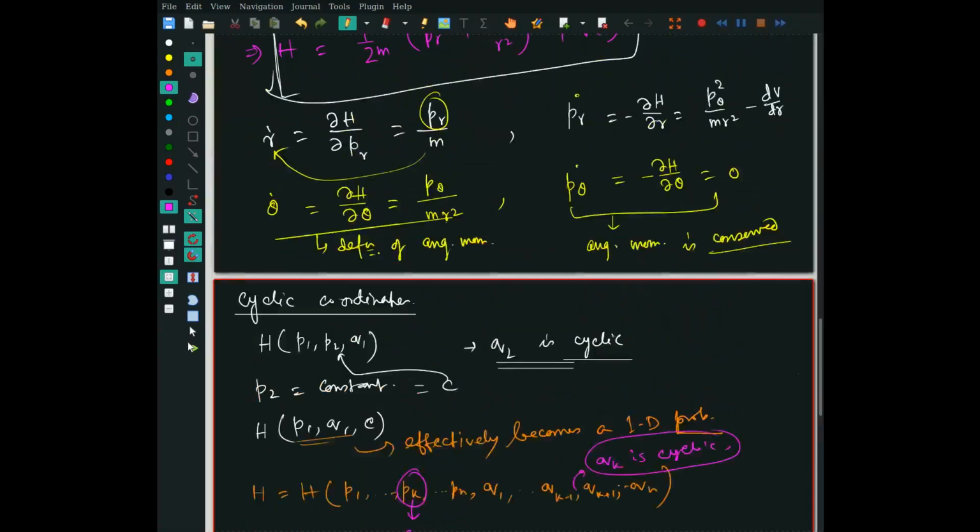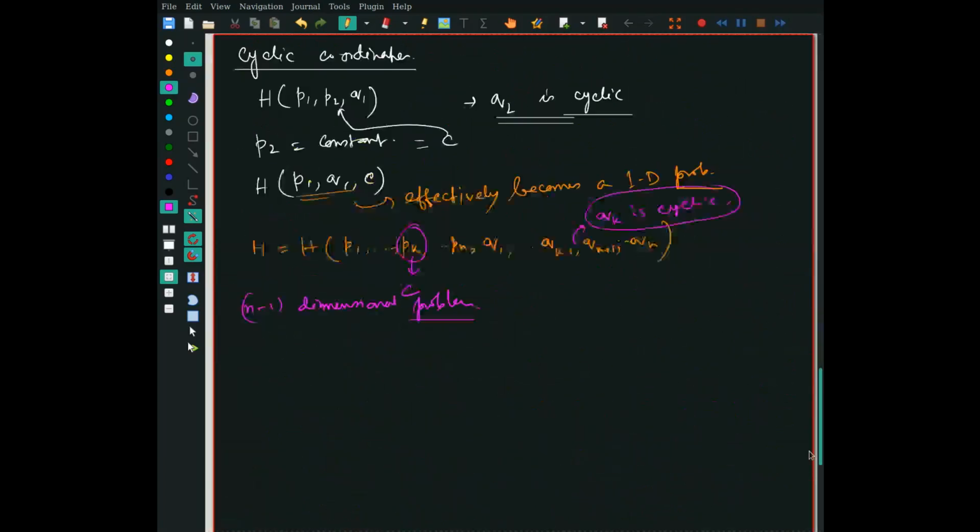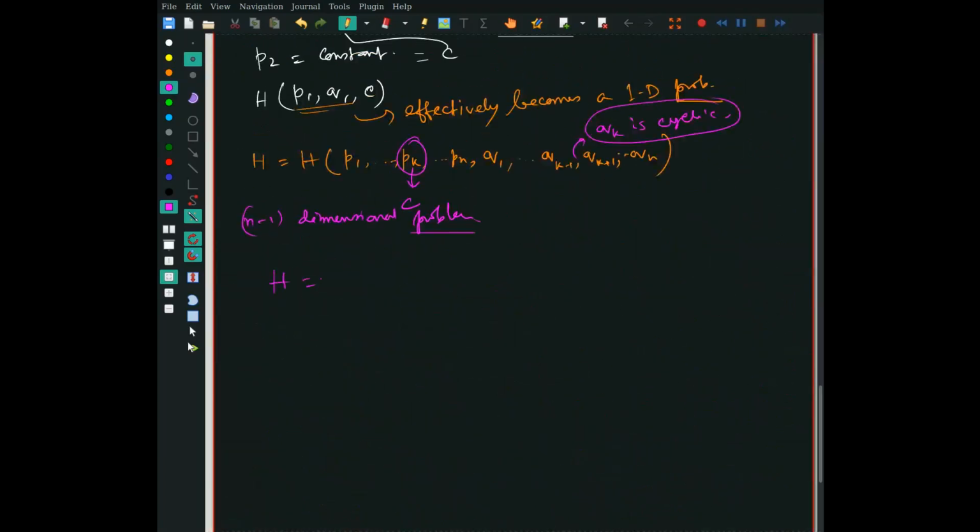For example, let us go back to this problem here. Here I have found p theta dot equals 0. That means p theta is a constant, so let me call p theta a constant C. Now if you replace this in the expression for the Hamiltonian, H equals 1 by 2m (pr square plus C square by r square) plus V(r).